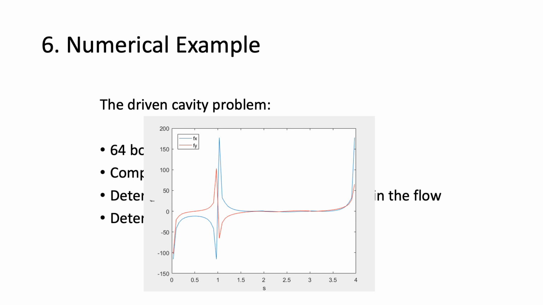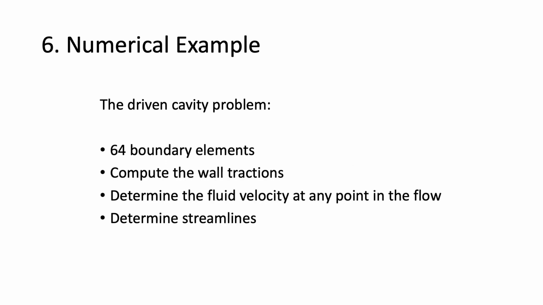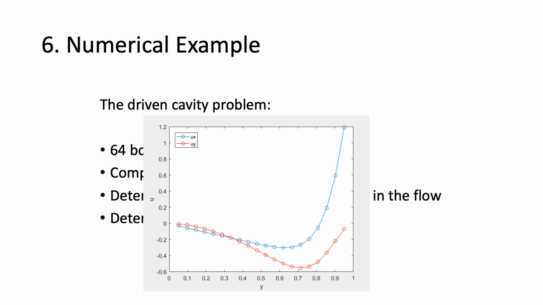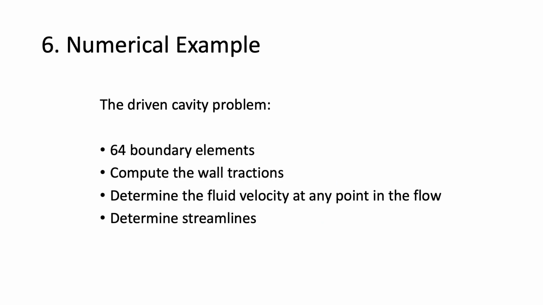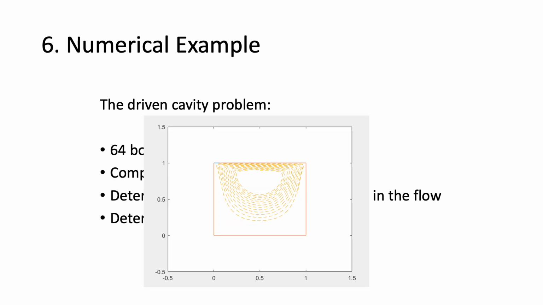This is a property of the flow field. These are velocity profiles in the horizontal and vertical directions along x equal 0.75. The last one is the computed streamlines.